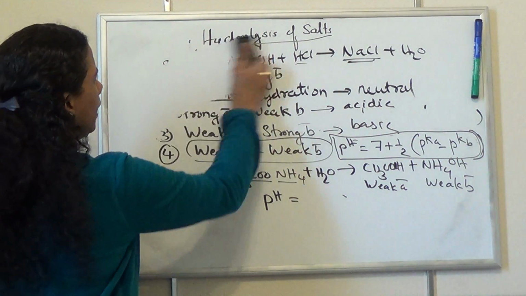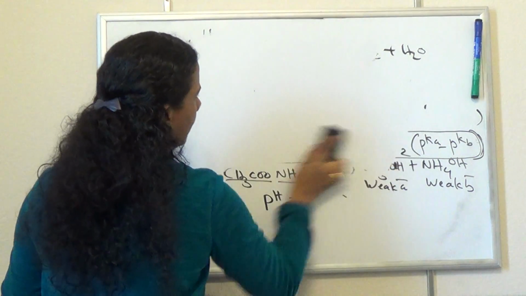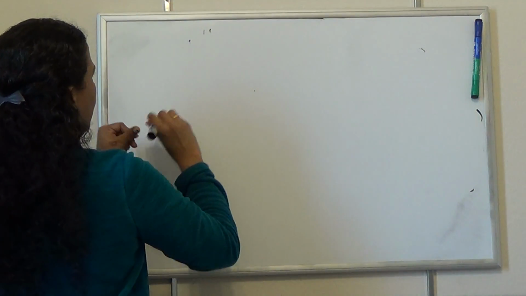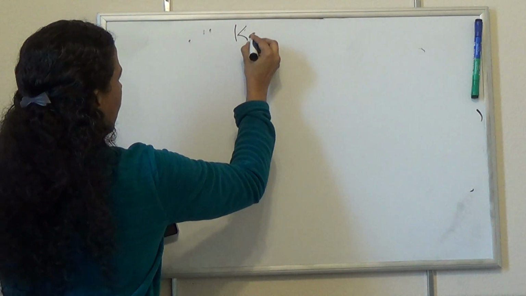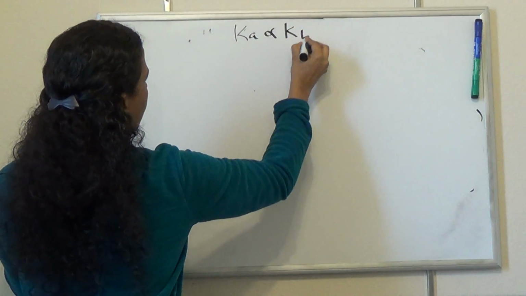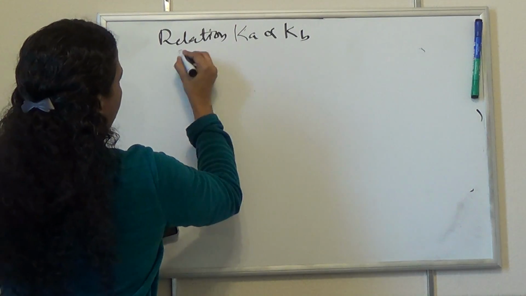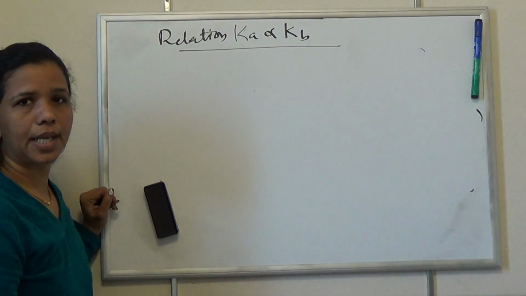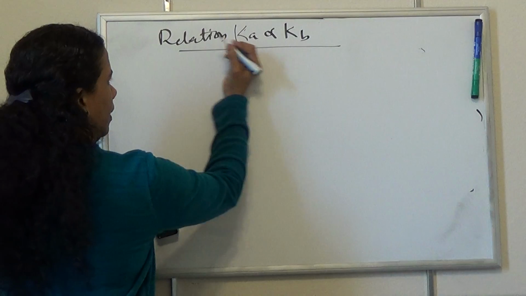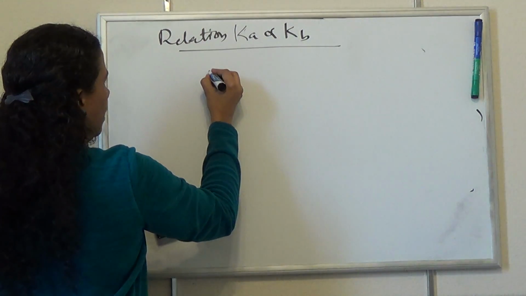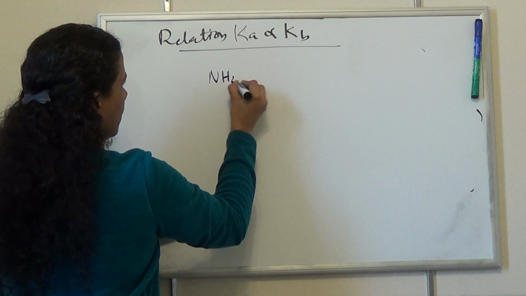Then one more thing, the relation between Ka and Kb, the acidity constant Ka and Kb. So we can take the same compound, for example NH4 plus.